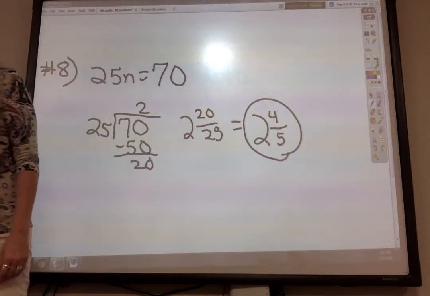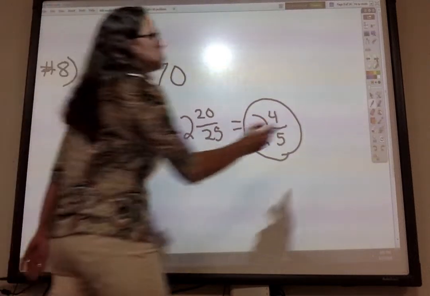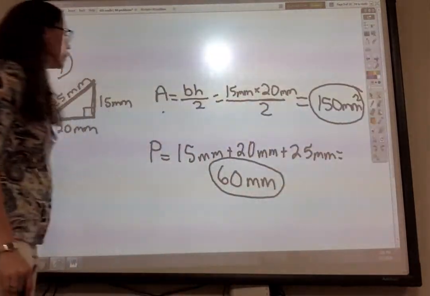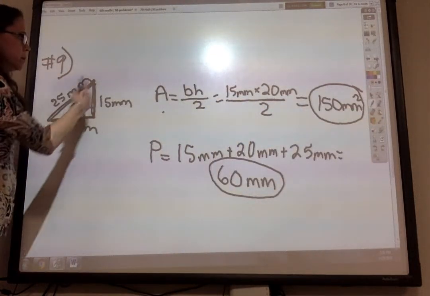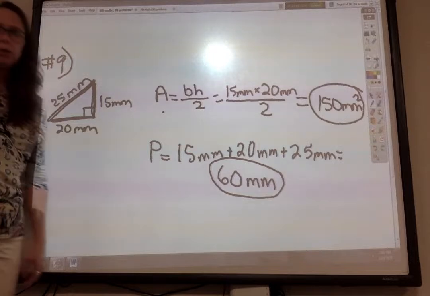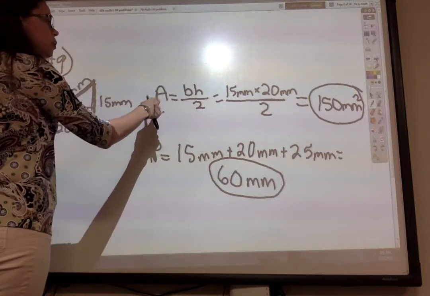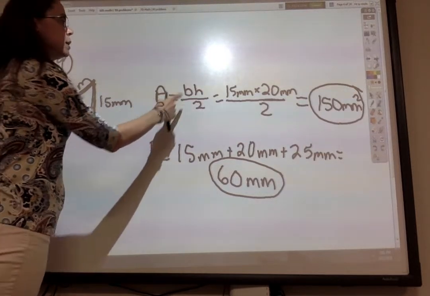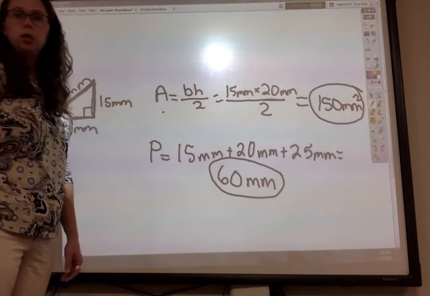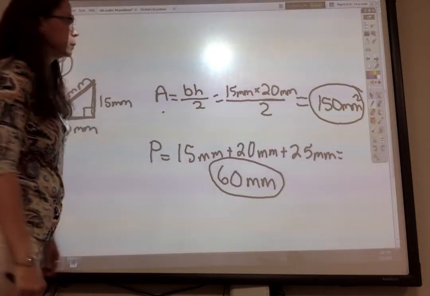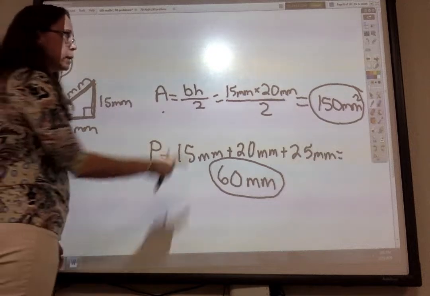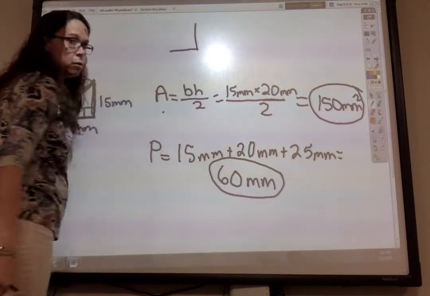Now our next one is about the triangle. They give us this triangle, and they ask us to find the area and the perimeter. If you don't have it memorized yet that the area of a triangle is base times height divided by 2, you need to memorize that. And remember, our base and our height have to form a right angle.